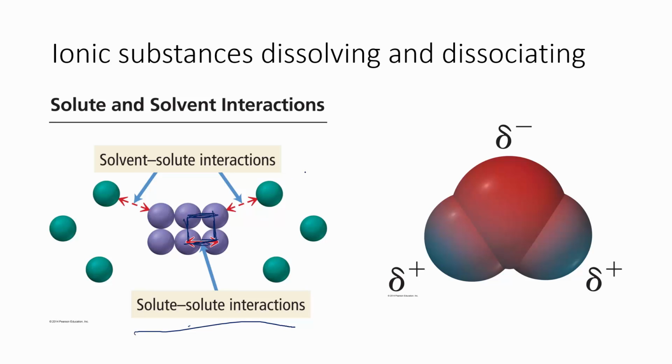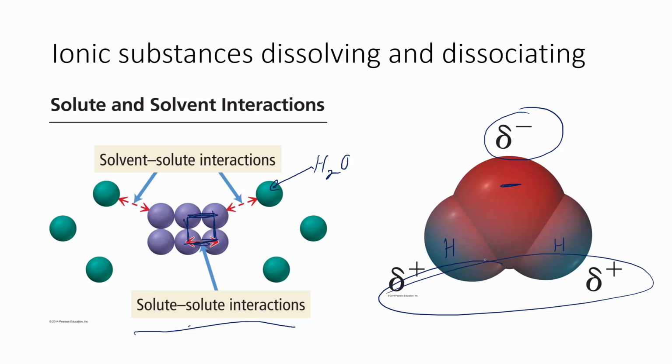Now water, which is being represented by these little green spheres, is what's called polar, meaning with the shape of the water molecule being what it is, the hydrogens will be slightly positive and the oxygens will be slightly negative. So because of this, it has a partly negative and a partly positive side.